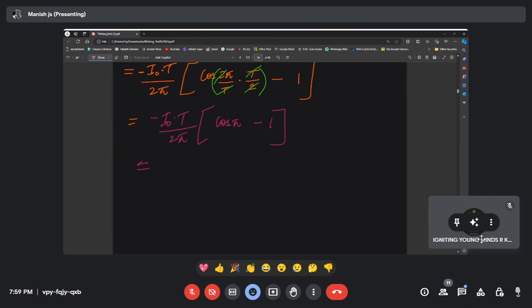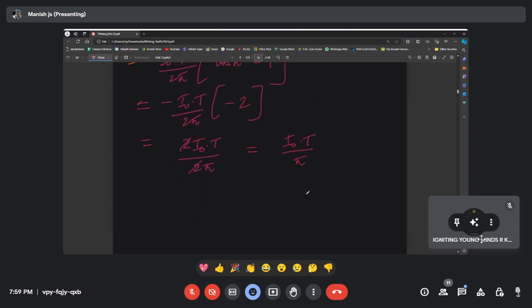Yes, cos pi value is basically minus 1. That's correct. So when I put minus 1, inside the bracket minus 1 minus 1 is minus 2. Minus into minus becomes plus. So the final answer is 2 I naught into T divided by 2 pi. The 2 cancels. Final expression: I naught into T divided by pi. So that is the final answer.